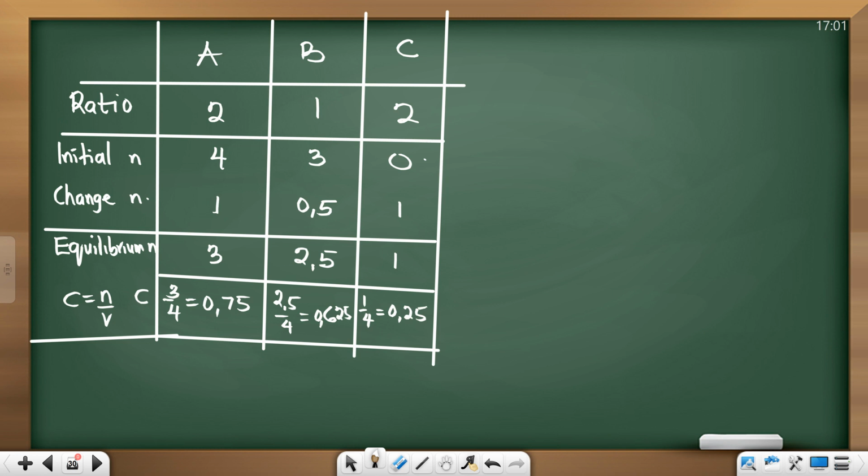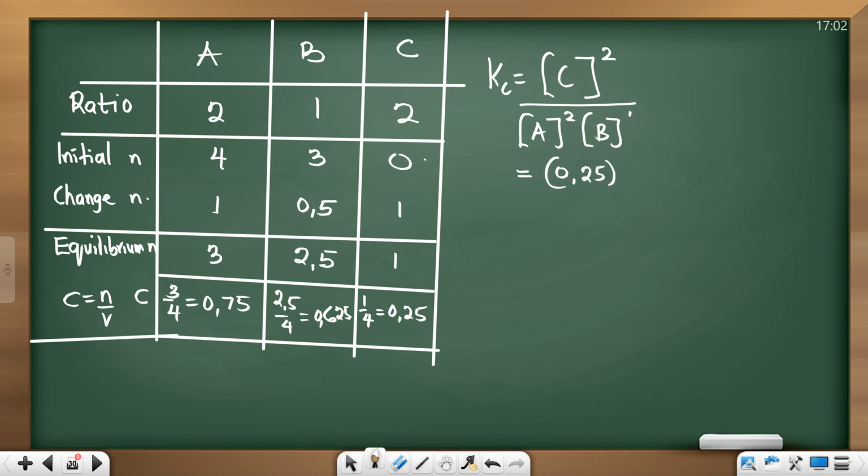Now we can write our Kc expression, which everybody should be comfortable to write and to know that we only deal with gases. So all we do is to substitute. What's my A? And what's my B? Please confirm the answer now.